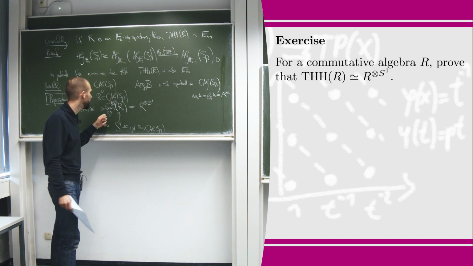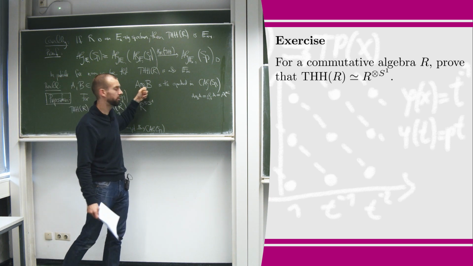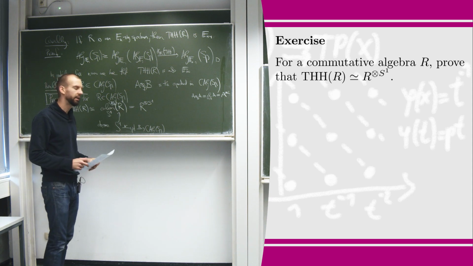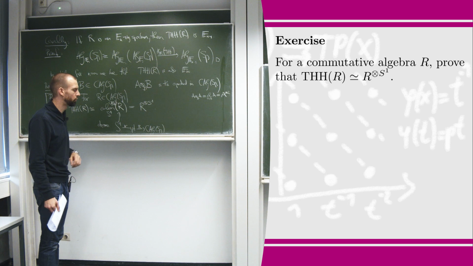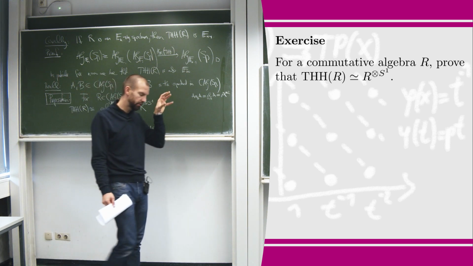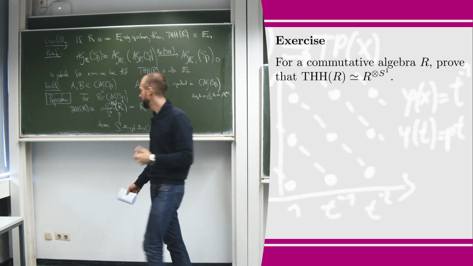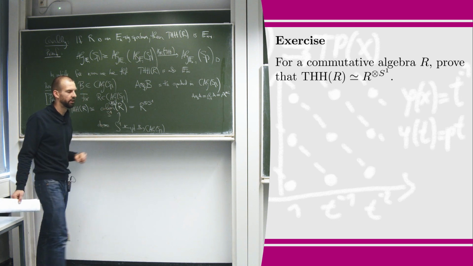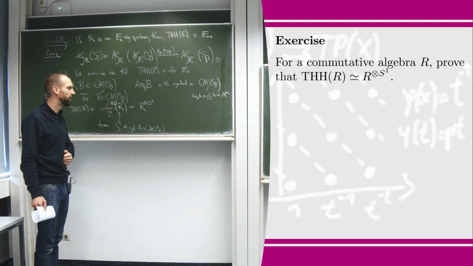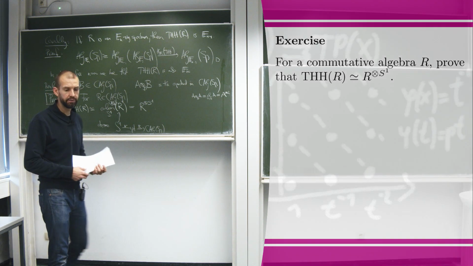And if you use this formula and you expand out and use the fact that the tensor product is a coproduct, you literally get the cyclic bar construction. Another way of solving this exercise is to use the formula that THH R is R tensored over R tensor R op with R. And again, you can use this and write it as a certain push out in commutative algebras to see that this formula is true. Okay, that is the exercise here.